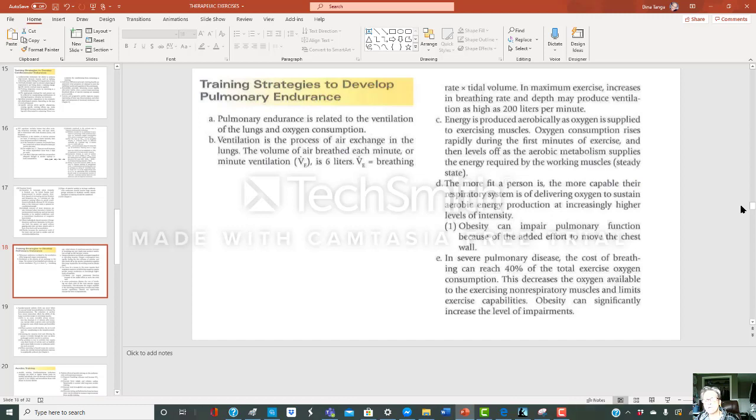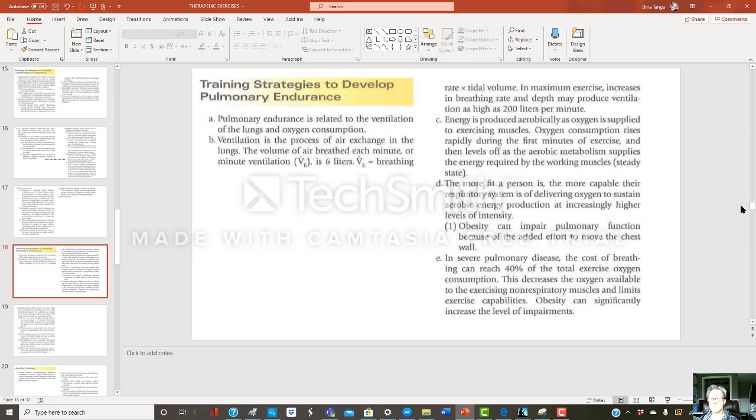Energy is produced aerobically as oxygen is supplied to exercising muscles. Oxygen consumption rises rapidly during the first minutes of exercise and then levels off as aerobic metabolism supplies the energy required by the working muscles. Steady state. The more fit a person is, the more capable their respiratory system is of delivering oxygen to sustain aerobic energy production at increasingly higher levels of intensity.